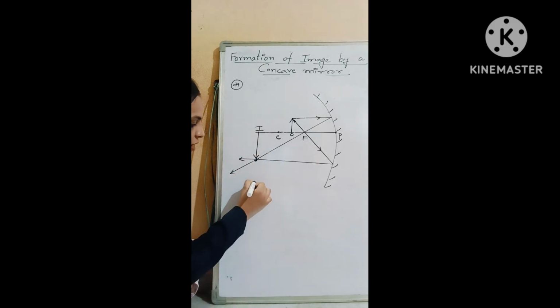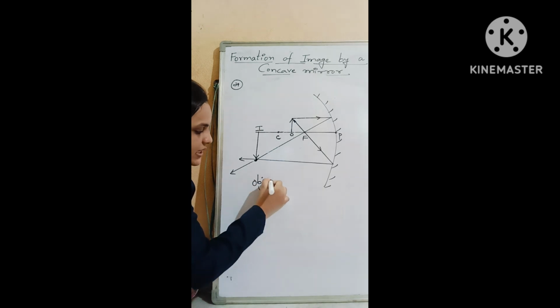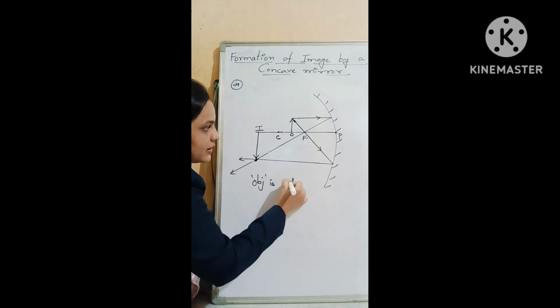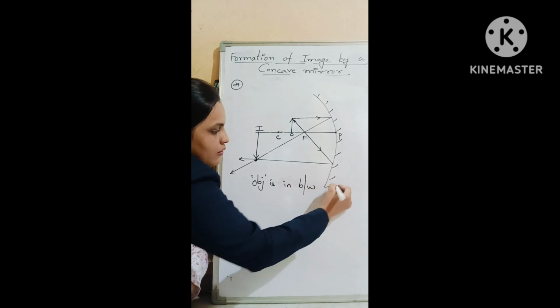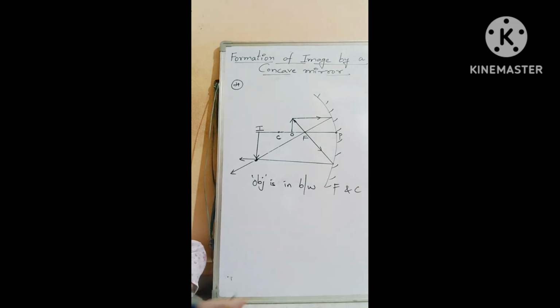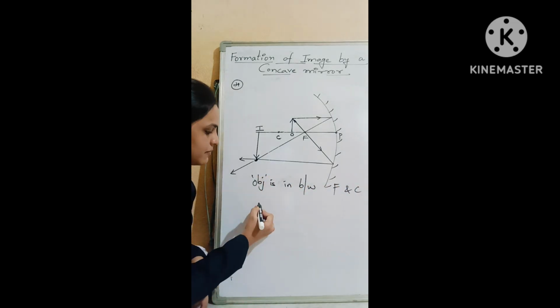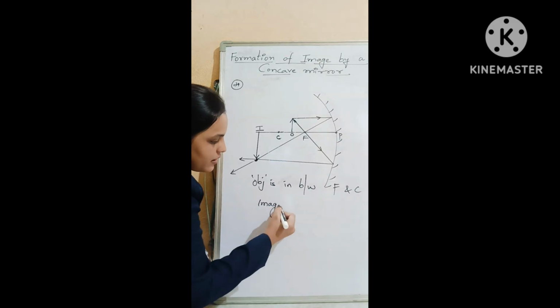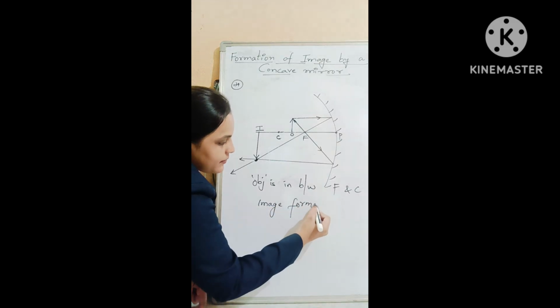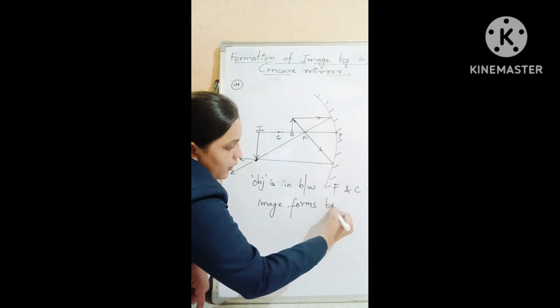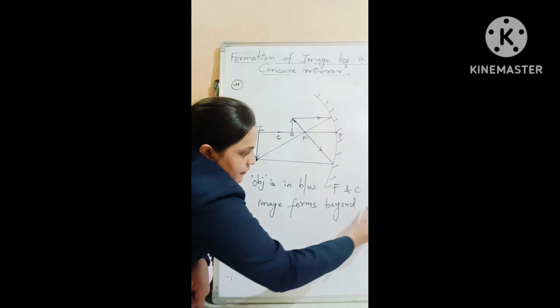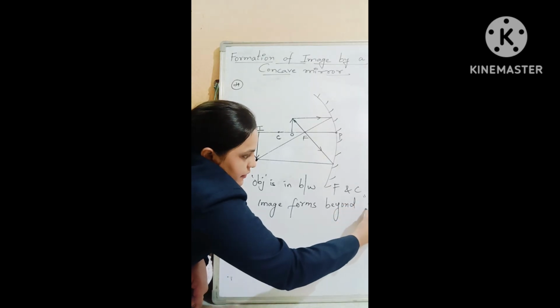Now where we have placed the object is in between focus and center of curvature. Where do we get the image? Image forms beyond center of curvature, beyond the center of curvature.